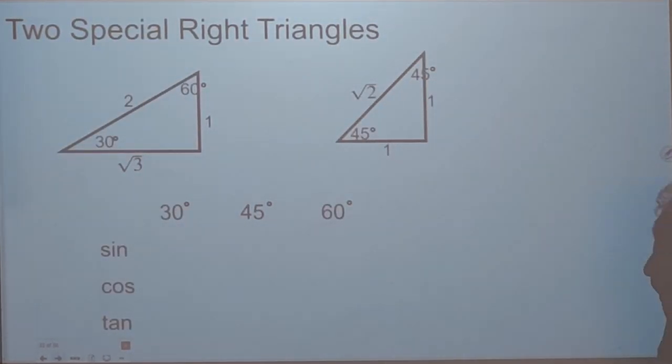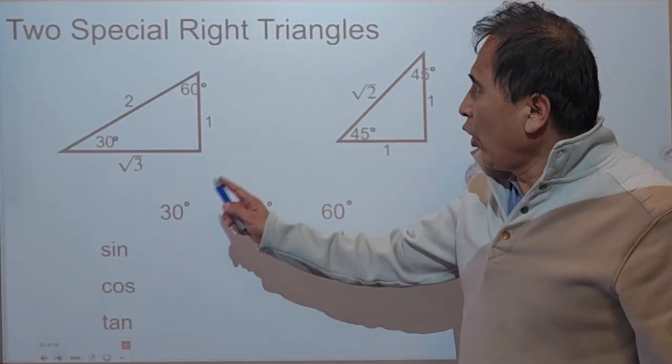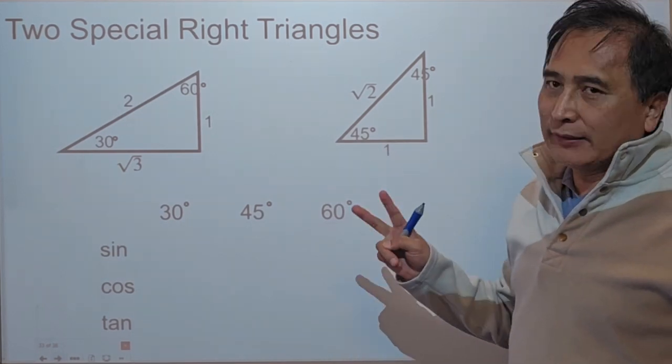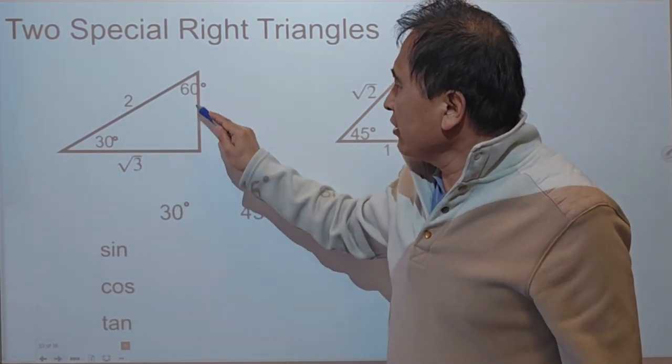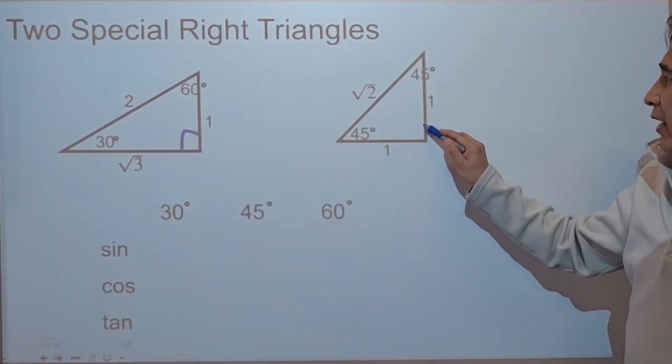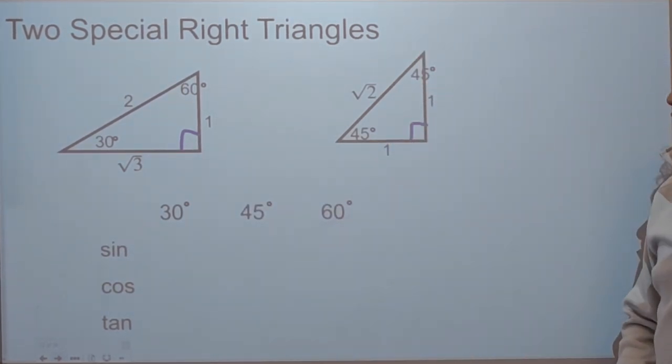Okay, with that, let's find what we call special angles. There are two special right triangles. One is the 30, 60, 90 degree one. The other is the 45, 45, 90 degree one. These two are very important in geometry.